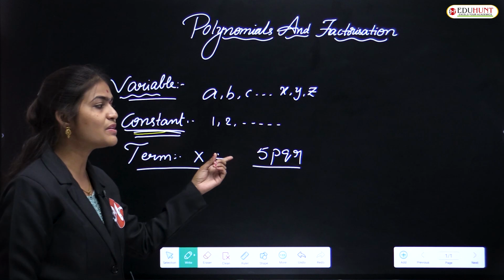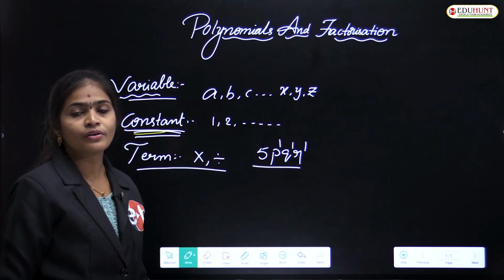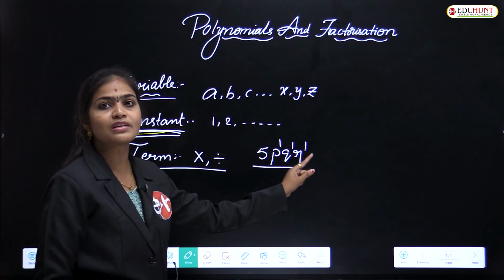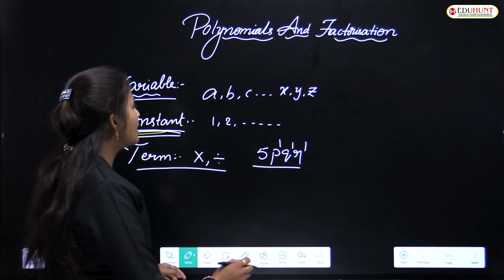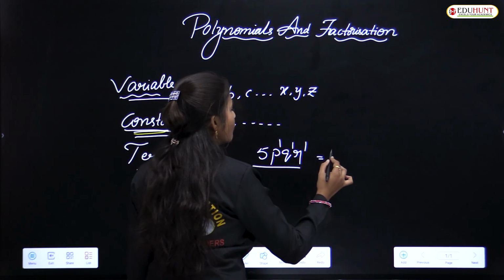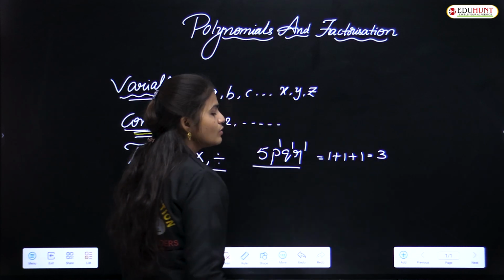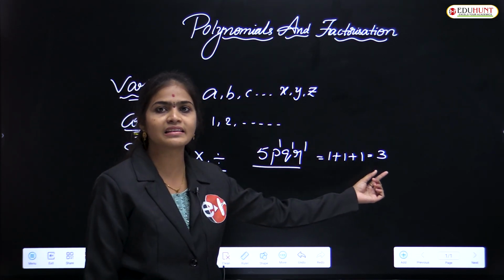Degree of a term means we have to add the powers of all the variables in the term. Here the powers are 1 plus 1 plus 1, which equals 3. So the degree of this term is 3.